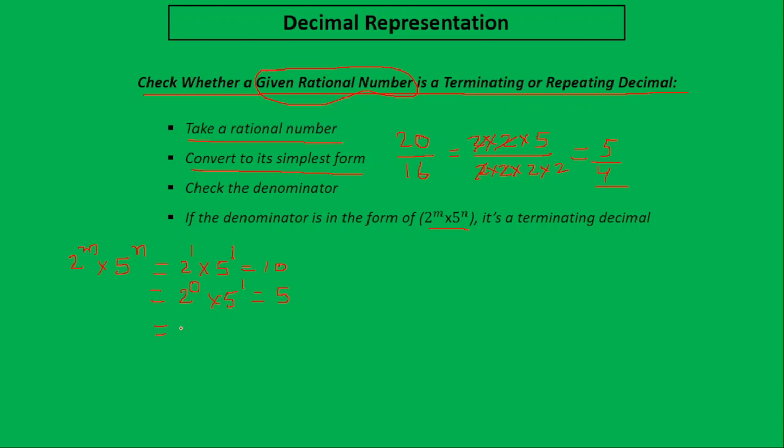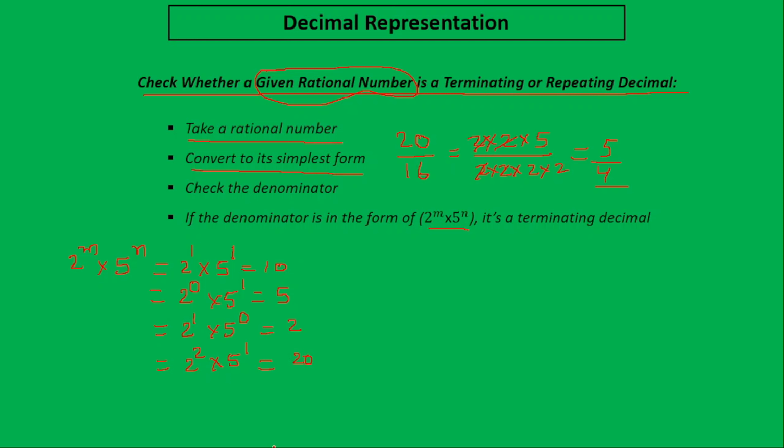If the denominator is of this form, 2 to the power m times 5 to the power n, I am correcting myself: m and n can be 0 also. So not only positive integers, you may call them non-negative integers, 0 can be there.